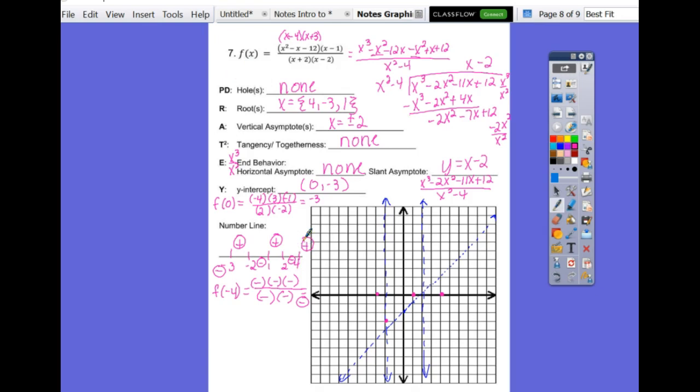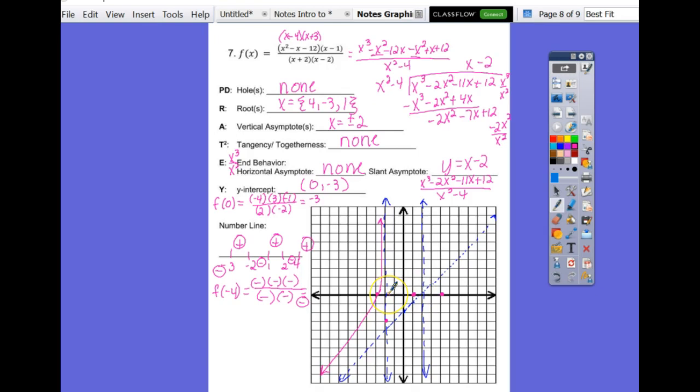That tells me that from negative 3, which is right here, all of this has to be negative. So this is going down. From negative 3 to negative 2 is positive, so this is going up. Here's my point.